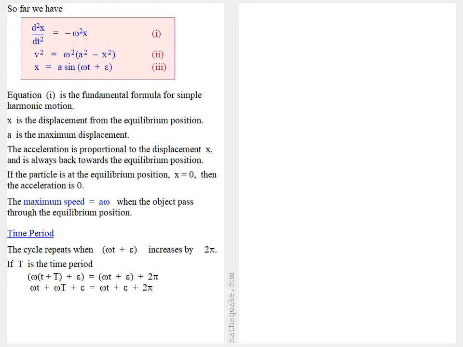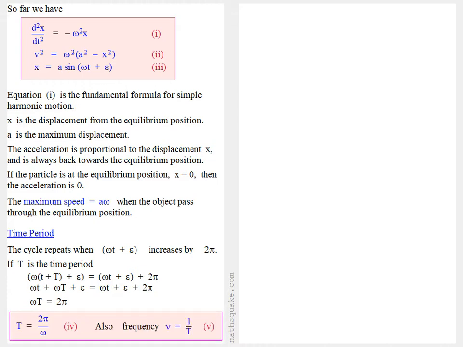Well, if we remove the brackets, we get omega t plus omega times the time period plus epsilon equals omega t plus epsilon plus 2 pi. Then we can cancel omega t and epsilon from both sides to get omega times the time period T equals 2 pi. This gives us that the time period T is equal to 2 pi over omega. And we also know the frequency nu is equal to 1 over T, that is 1 over the time period.